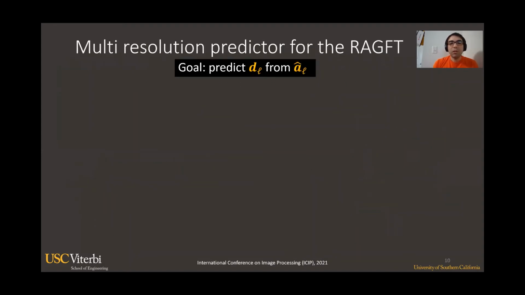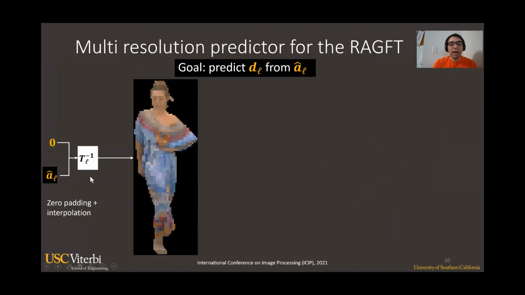Now recall that the goal is to predict the detailed coefficients from the approximation coefficients. Our approach goes as follows. We take the approximation coefficients at a given resolution and then replace the detailed coefficients by zeros. We apply one level inverse RAGFT, and then we obtain a piecewise constant signal.